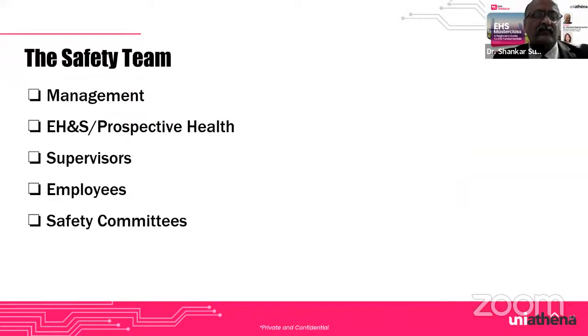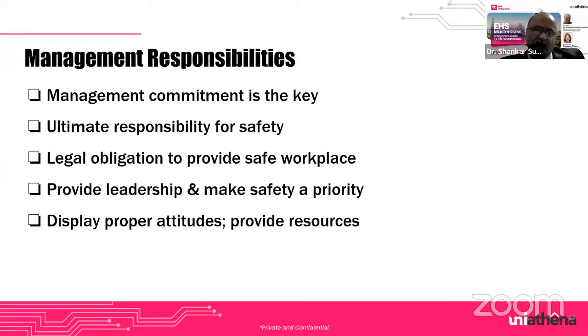The safety team is the management, the EHS, the health supervisors, employees, safety committees, forums. Safety teams are many, and many organizations, many countries, many societies have them. Management responsibilities: management commitment is the key, because they are the ones who have the resources to spend for the training and the awareness.